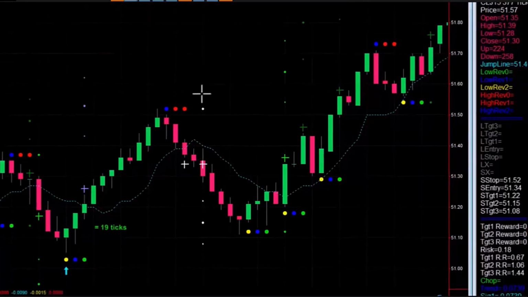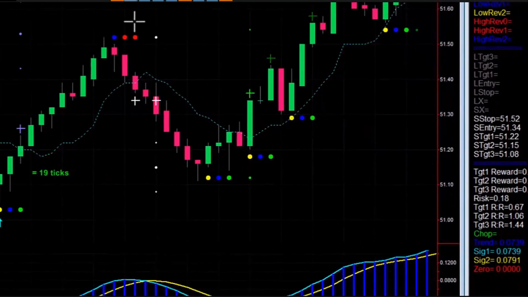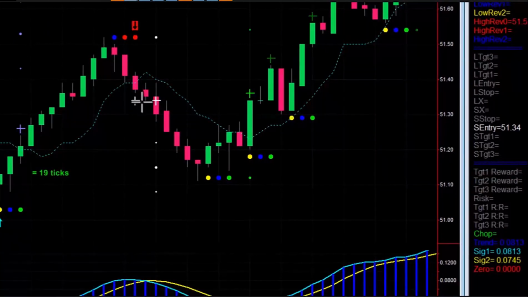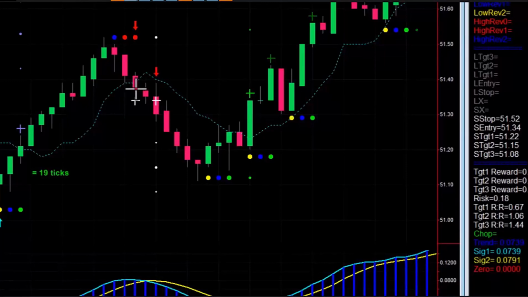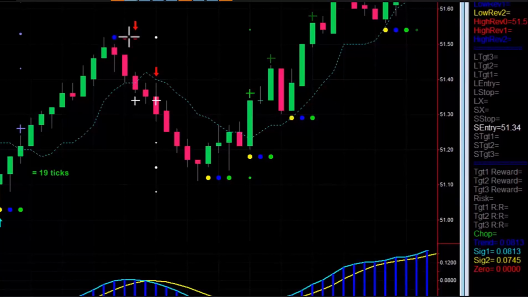Okay? What about the short trade? This is an interesting setup. Why? Because, notice, first of all, it's a counterpunch trade. Okay? You have a setup here, but it doesn't confirm until here. So the calculated trade is based on this setup bar. So it's measuring the highest high of the group of 3 dots to the low of the setup bar.